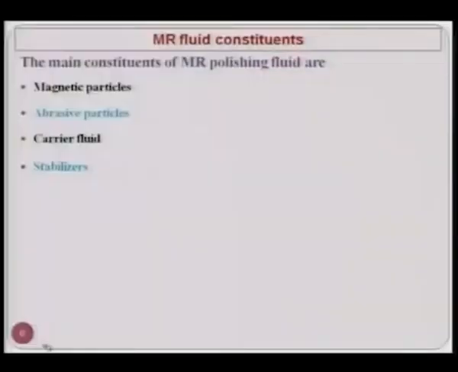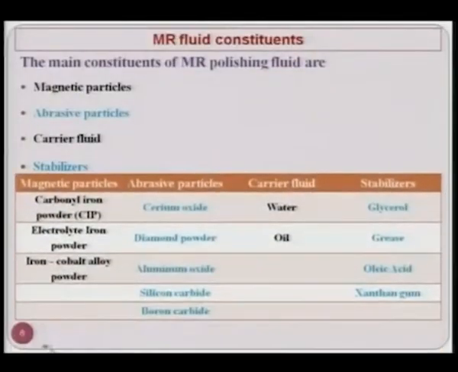Abrasive particles are used for removal of material from the workpiece, functioning as a finishing tool, and the carrier fluid is the one which carries magnetic particles as well as abrasive particles into the configurations or features of the workpiece that are to be finished. Then there are stabilizers.